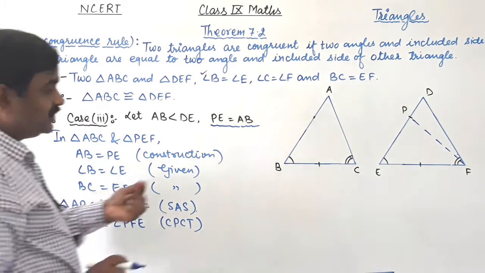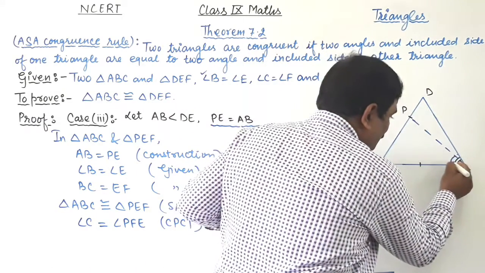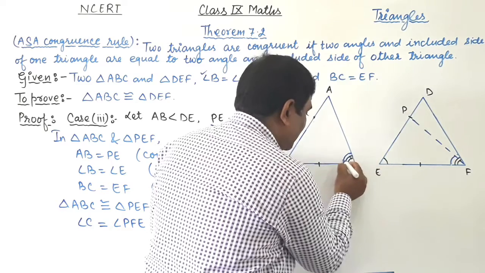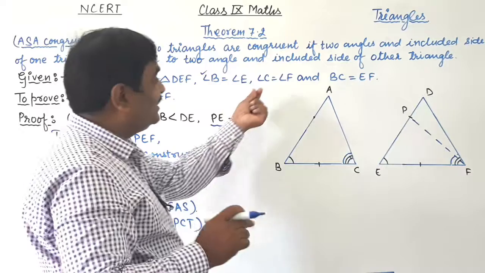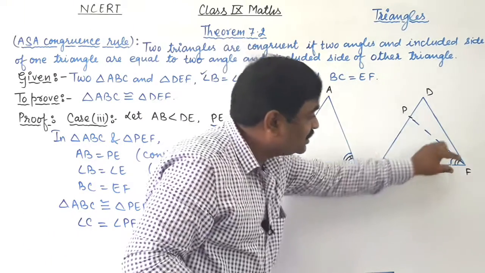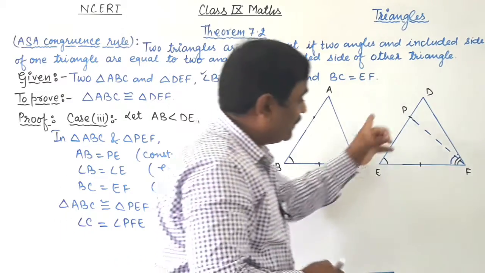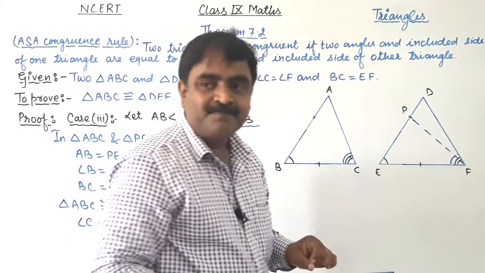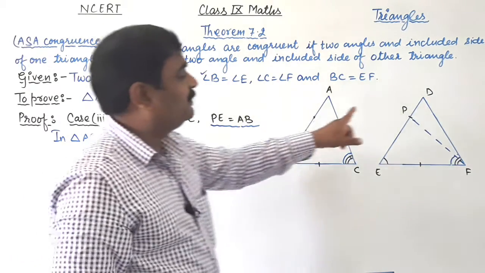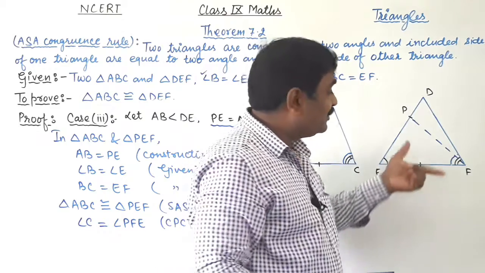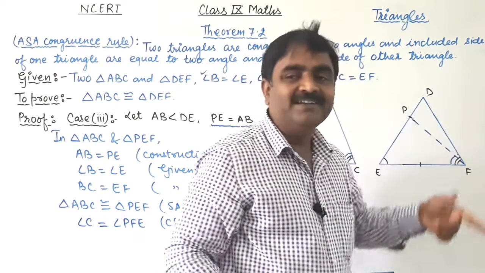Now it is already given that angle C is equal to angle F, which means DFE. So how is it possible that PFE is equal to DFE? This is only possible when point P lies on point D, or you can say line segment PF lies on line segment DF.